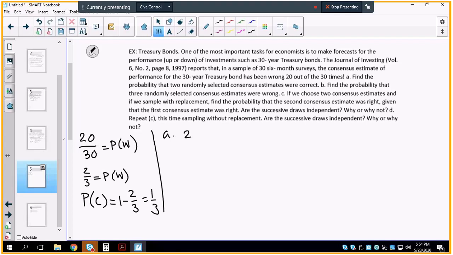So 2 out of 30 is 2 over 30 times 100. So this is going to be 6.67%, which is more than 1%. So according to the 1% guideline, we should do the selection without replacement.